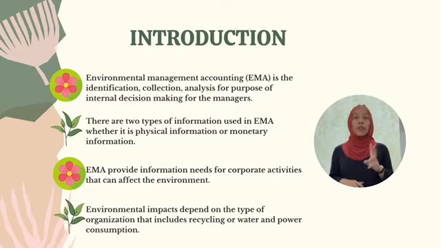There are two important types of information used in EMA: physical information and monetary information. Physical information such as the consumption of water, material, and also energy that includes wastage, while monetary information includes environmental related costs, earnings, and also savings.